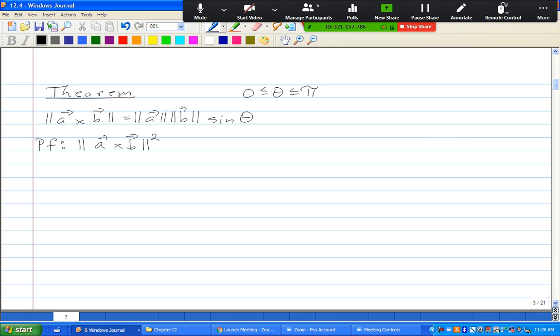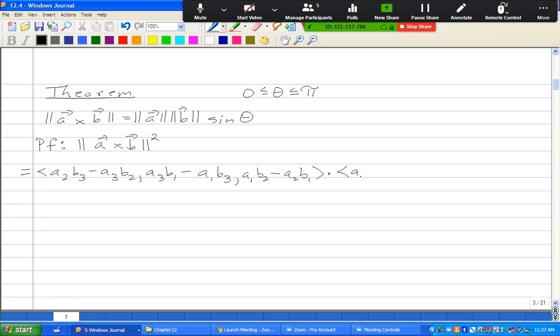A cross B is A2 B3 minus A3 B2, comma, A3 B1 minus A1 B3, comma, A1 B2 minus A2 B1, dot, the same thing.